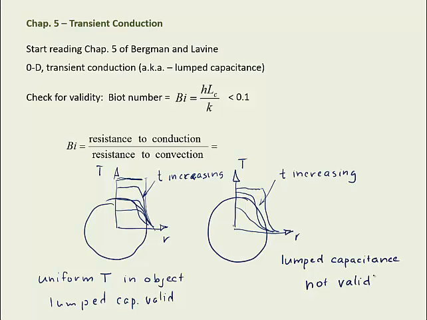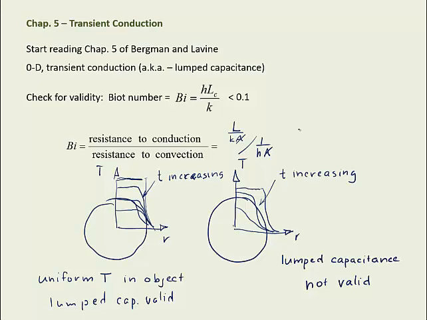So we'd like to think of something that has pretty high thermal conductivity so that heat is able to transfer through the object relatively easily. So our Biot number is resistance to conduction. If I think about just a plane wall, I'm going to write L over kA for the resistance to conduction, and resistance to convection 1 over hA, and we can cancel the A's.